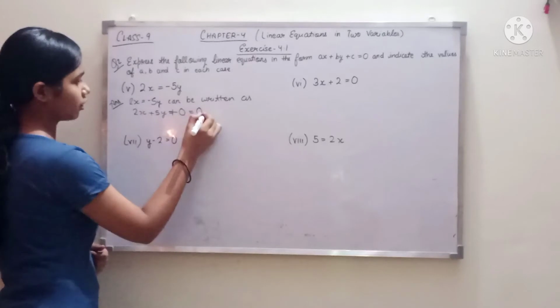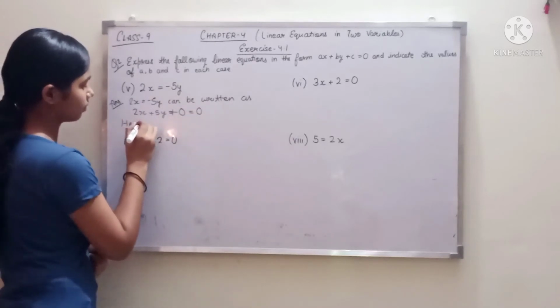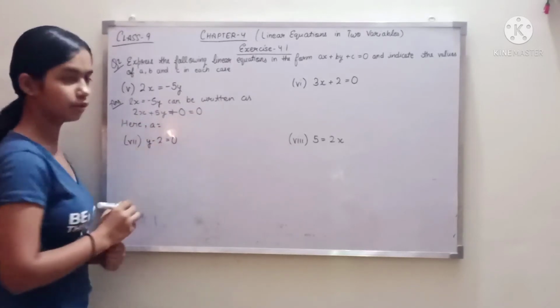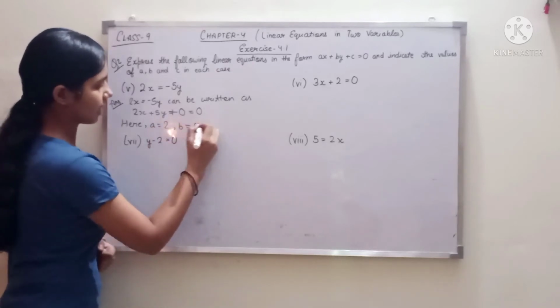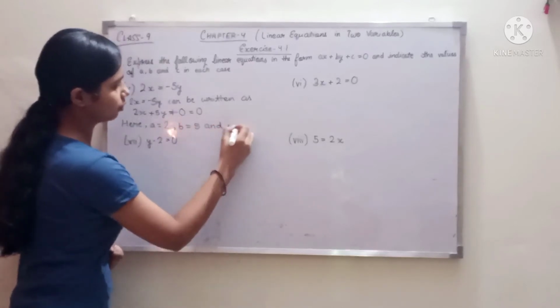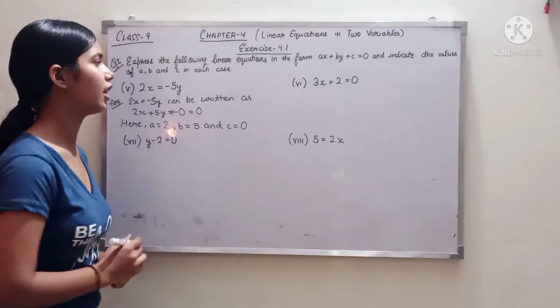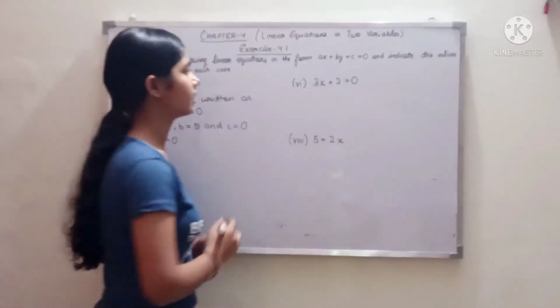So here a is equal to 2, b is equal to 5 and c is equal to 0.